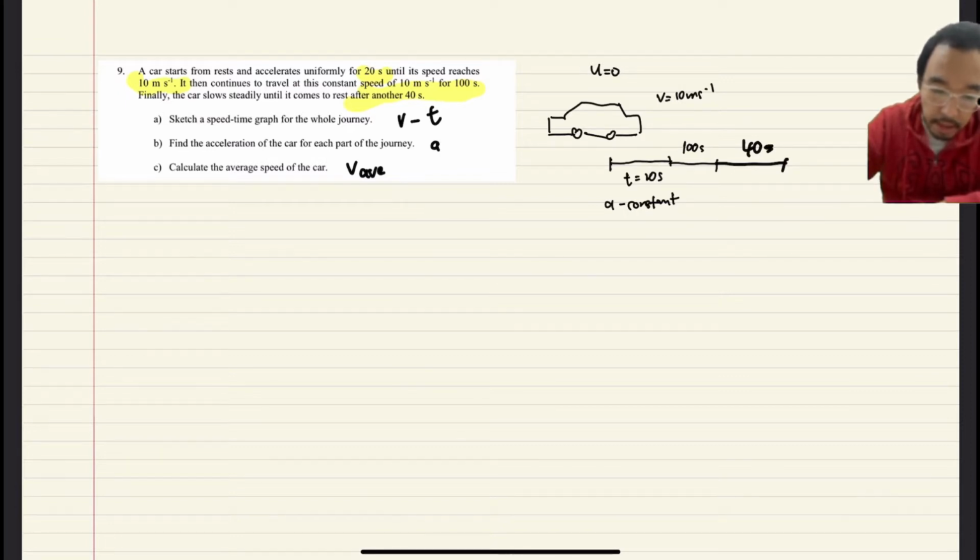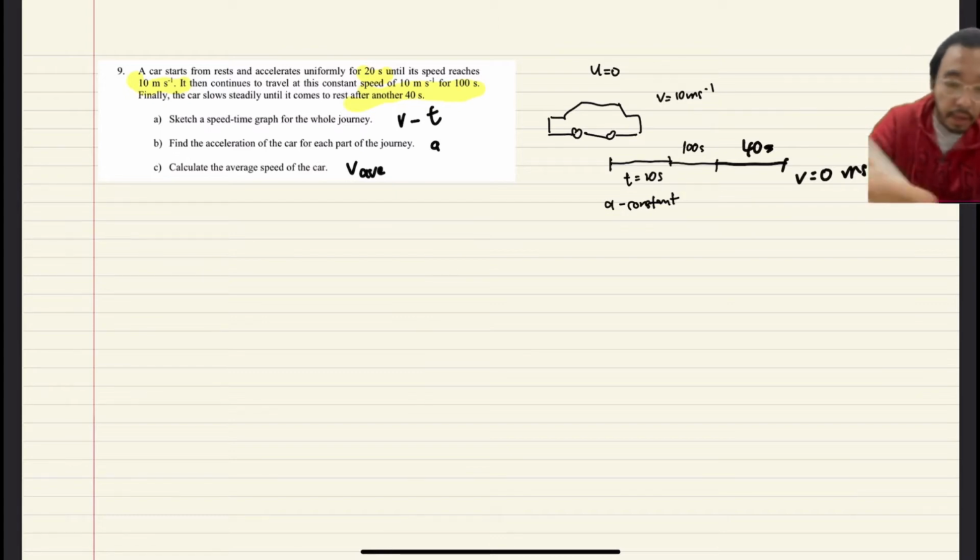And finally, it reaches 0 meters per second. Okay, so again, this is just a rough sketch, right? You can simplify this one because you basically want to draw it inside a graph.